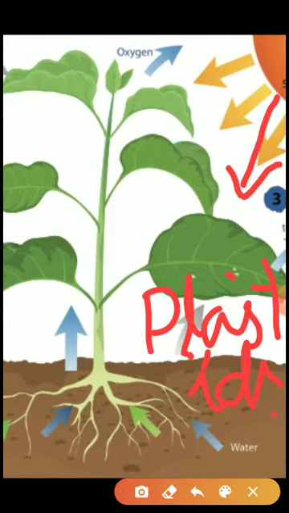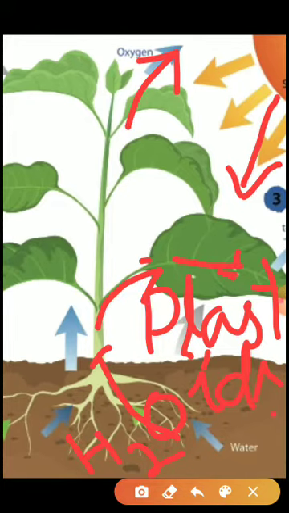It is coming from sun, and by absorbing the water from the ground that is going towards the leaf, in the presence of sunlight, the photolysis of water, H2O, takes place in the grana, and that is the first phase of the photosynthesis, that is light reaction. And as a result of the photolysis of water, the hydrogen ion will be produced and oxygen gets liberated from the plant body or from the plant cell.